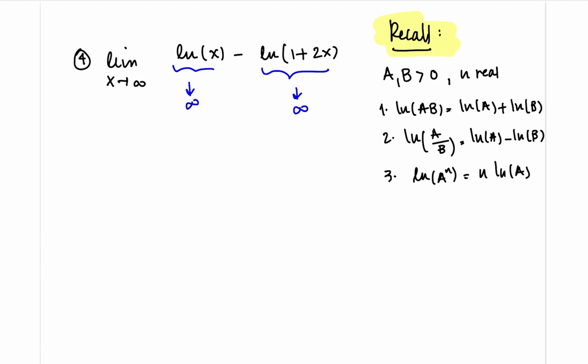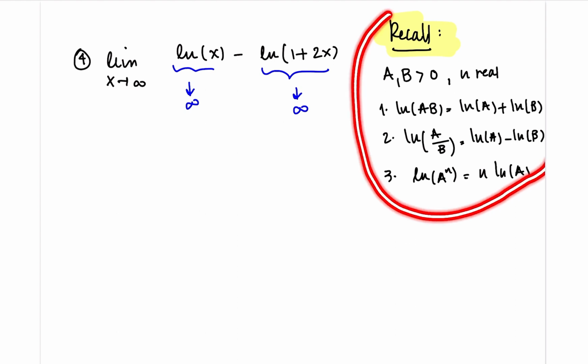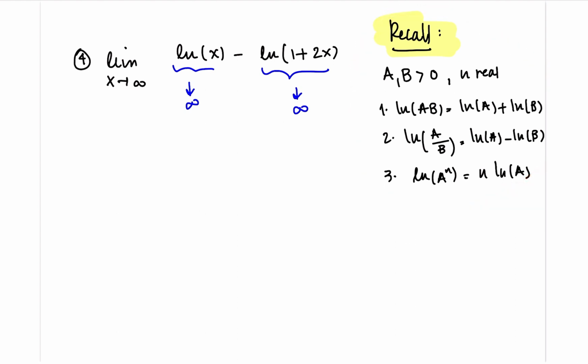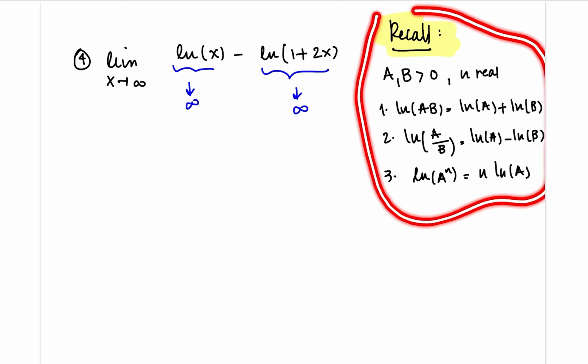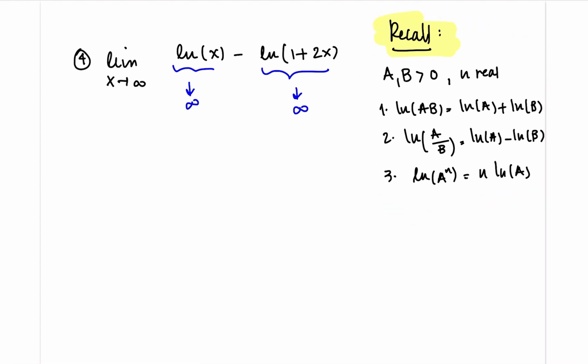So the first step is to recall the properties of logs, and we know that, I'm writing this for the natural log, but this works for any given base of a logarithm. So I'm going to use the fact that a difference can be written as a quotient, as a division. So that's my first step.